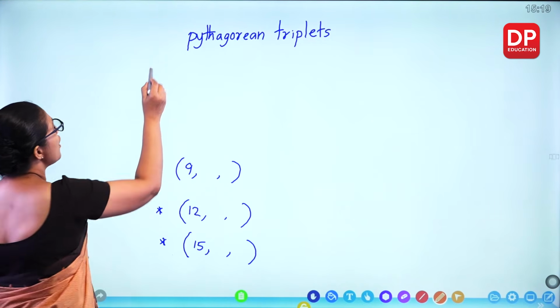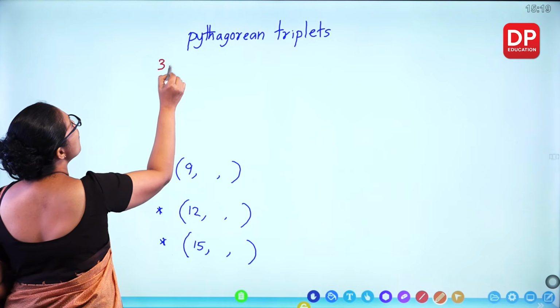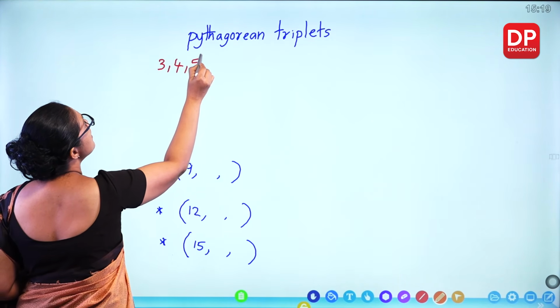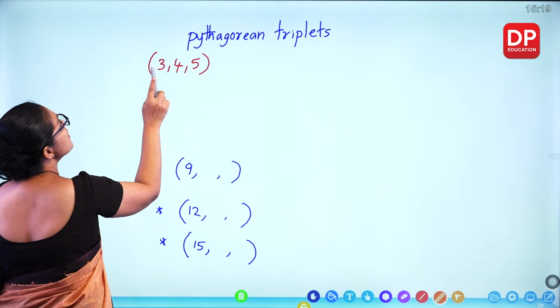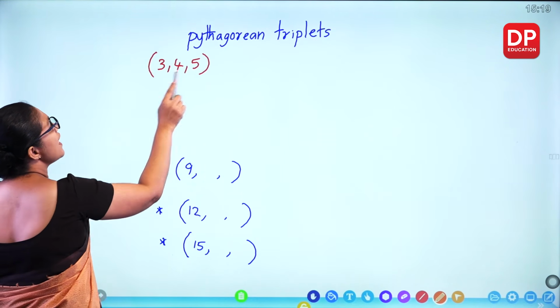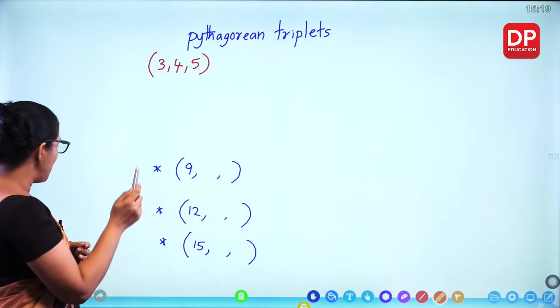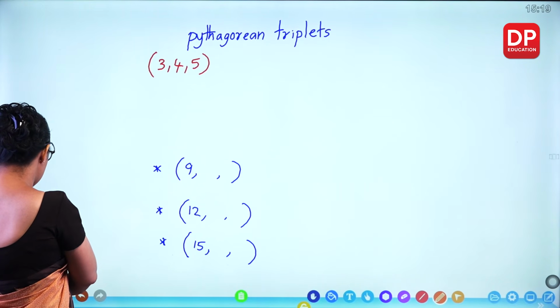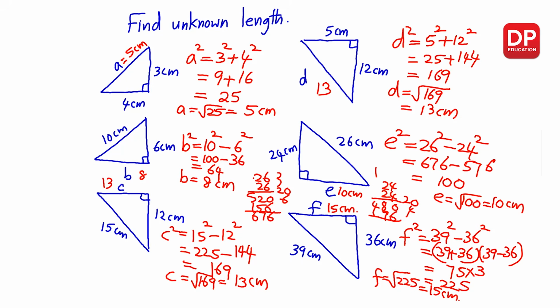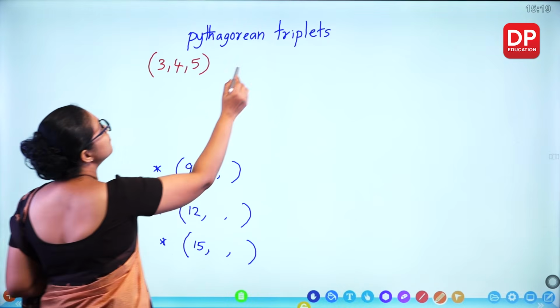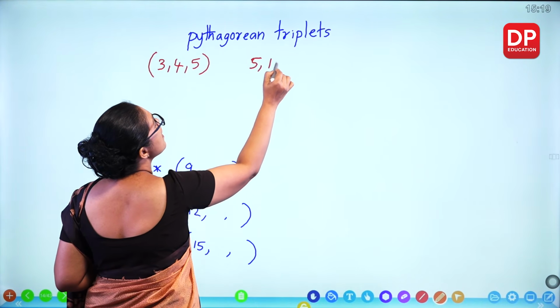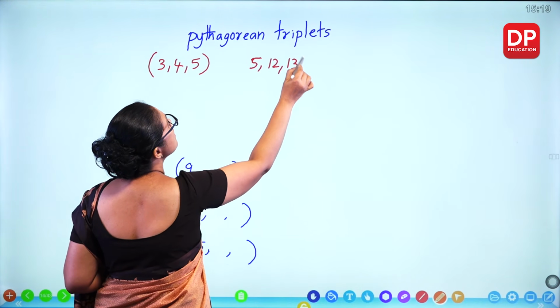So we found out 3, 4, 5 is a triplet. 3, 4 one side and the hypotenuse is 5. Then we found out here, can you remember from the previous page? 5, 12, 13.